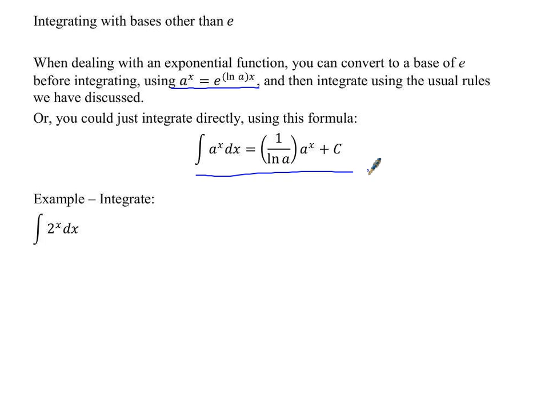Easier. So for example, integrate the integral of 2 to the x dx. What do we get? So 1 over natural log of 2 times 2 to the x. There's your answer.